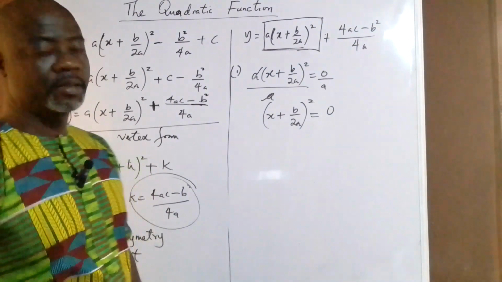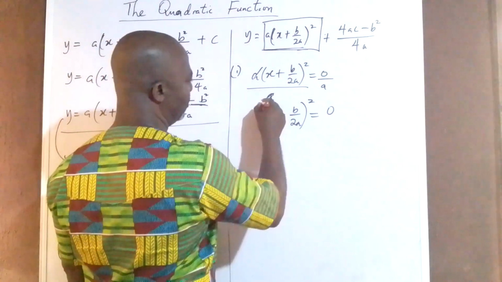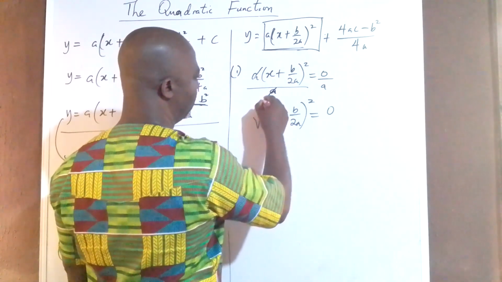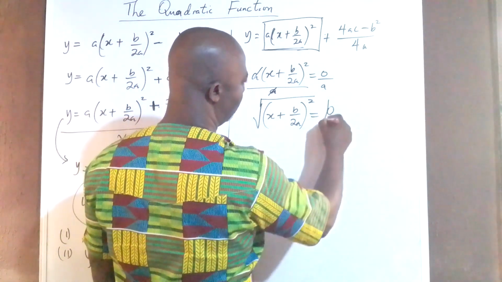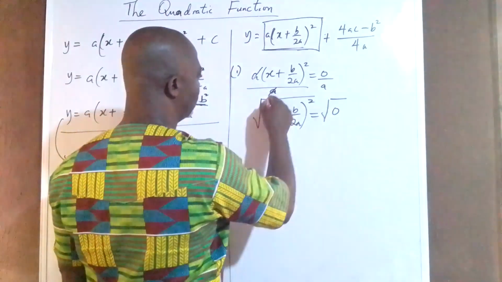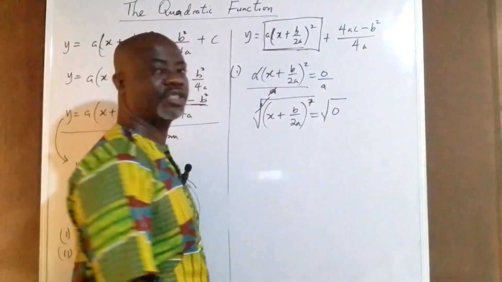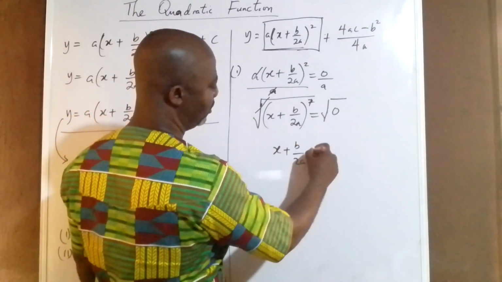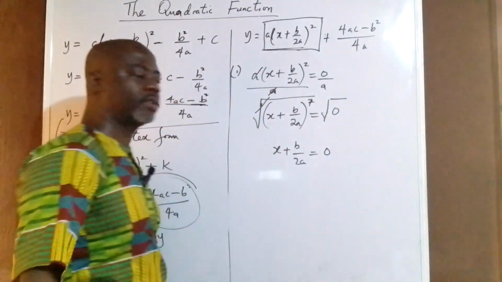So what do we do next? Take the square roots of both sides. Once you take the square root of both sides, square root and square will cancel out each other. So we have x plus b over 2a equal to square root of 0, which is 0.